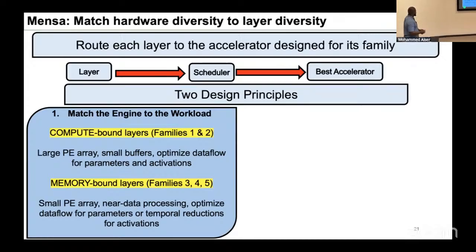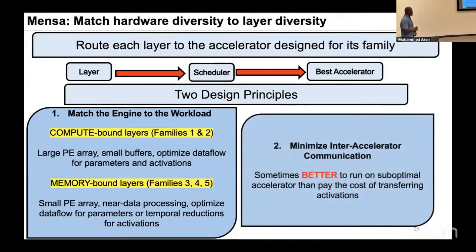And for the memory bound layers, you need to make sure that it is very close to the source of data, so it's not being limited by memory. And the second principle for designing Mensa is to make sure that you're minimizing inter-accelerator communication.